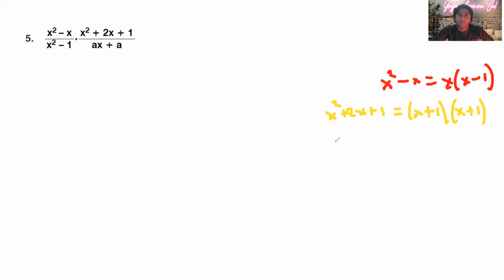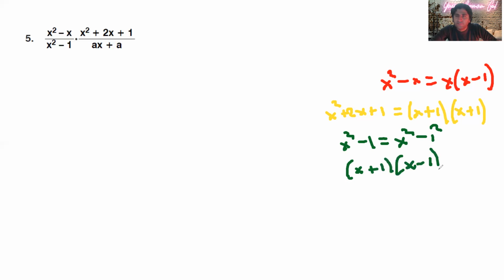We did say this equals x squared minus 1 squared, and because it is a difference of 2 squares, we're going to say x plus 1 times x minus 1.